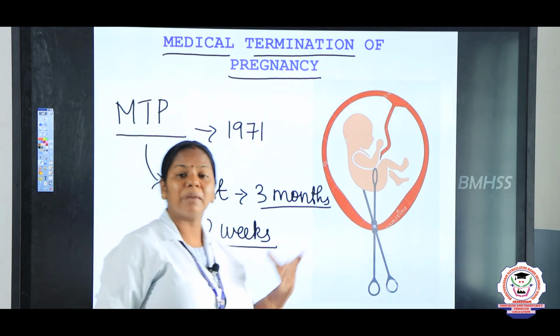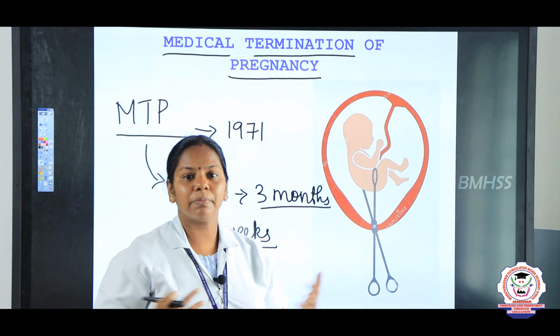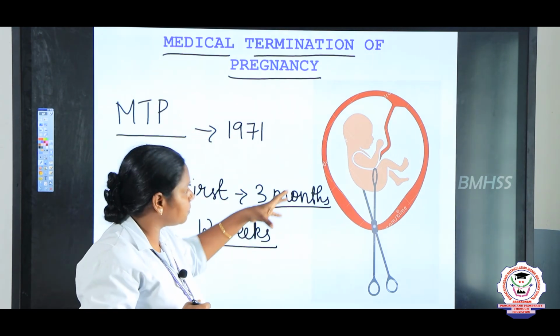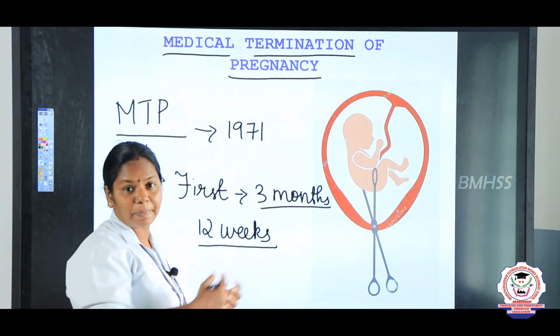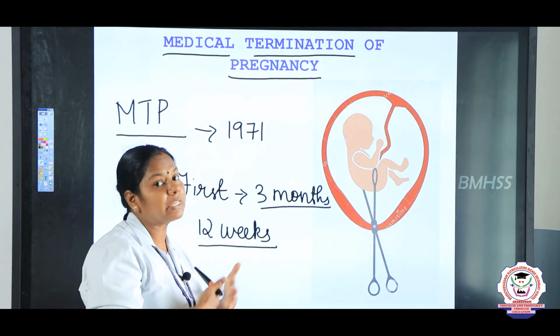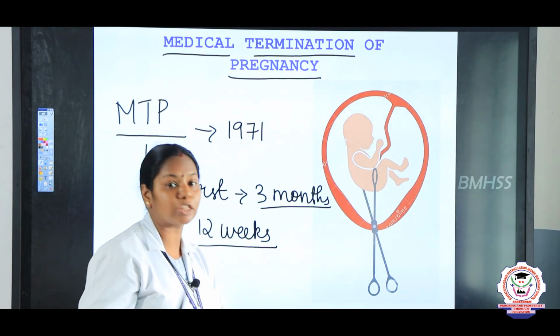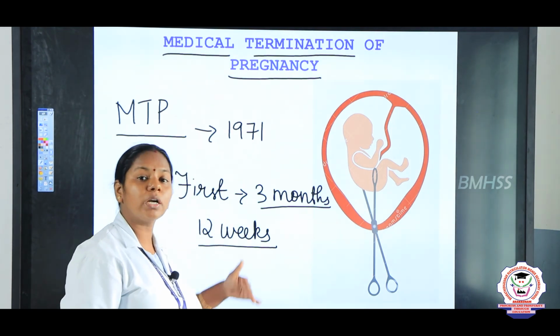After that, the fetus starts developing, and the maternal tissues and the chorionic villi of the fetus are in intimate connection with each other. So MTP after 3 months may lead to the death of the mother. It is not approved.